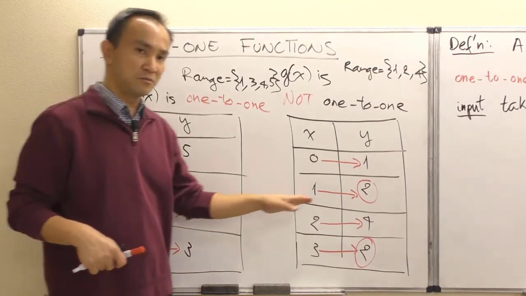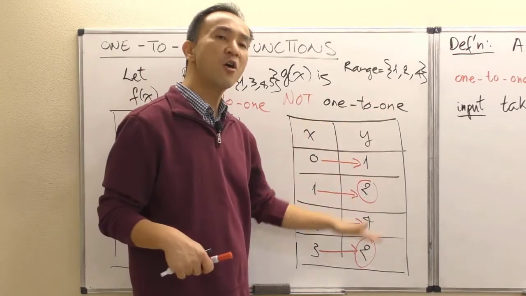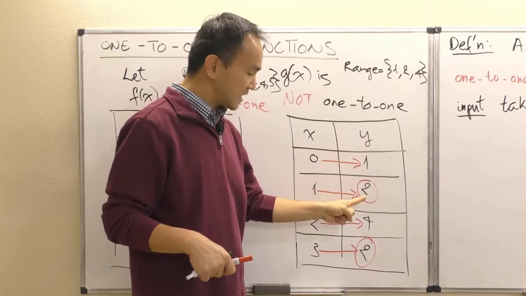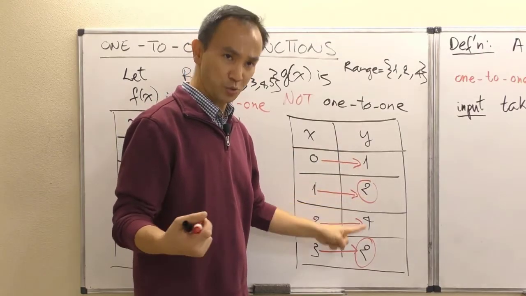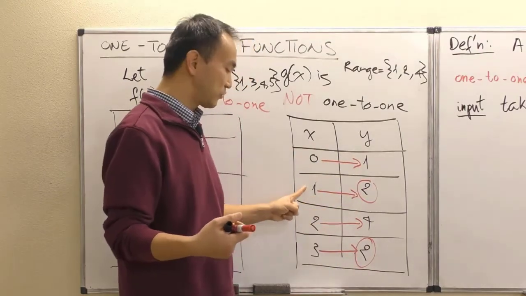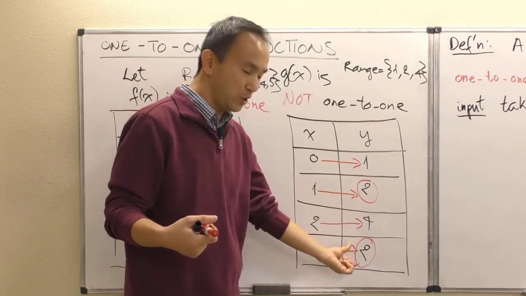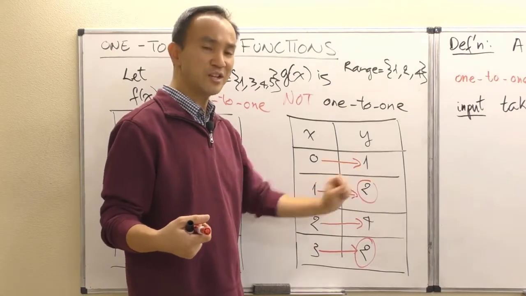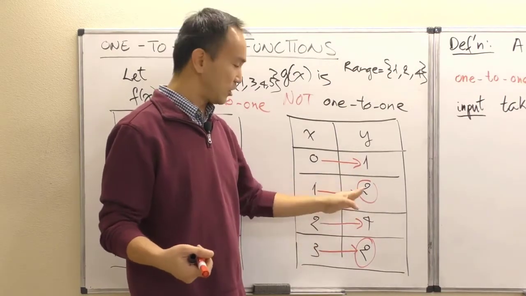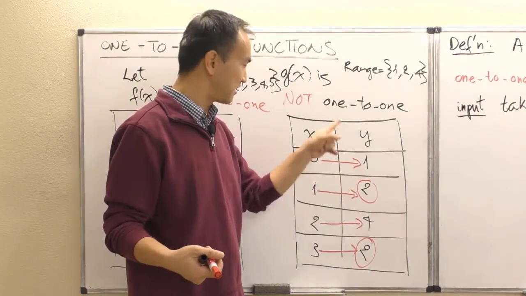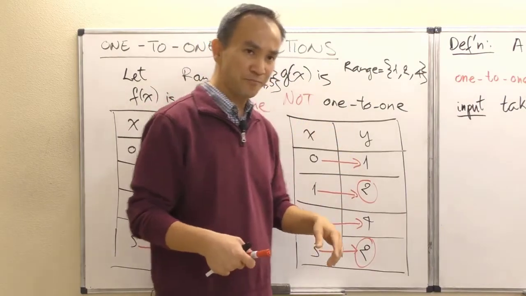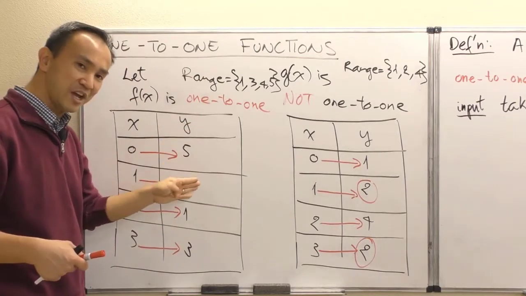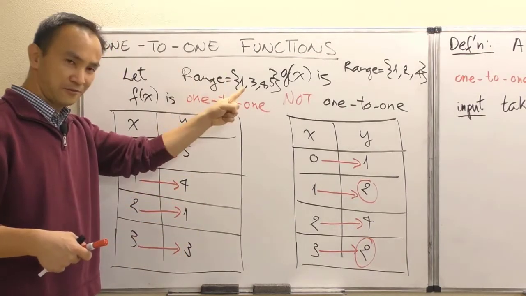When it comes to failing to be one-to-one, as long as we meet one output that fails the requirement, this one output right here, y equals 2, it had more than one input taken to it. As long as we found that, we're going to just say, hey, this function g is not one-to-one. But in order to entirely say it's one-to-one, you have to check through every output value from the range.